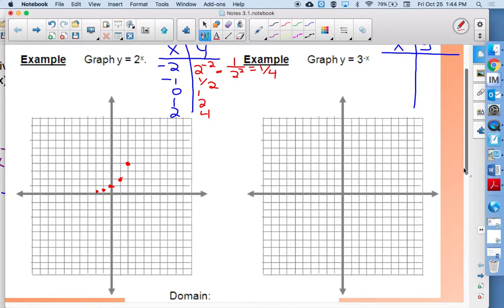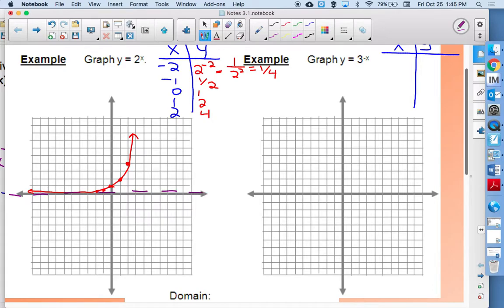When you connect these, how would I connect the values beyond the points? Yeah, so it just skims along the axis. It does have an asymptote.